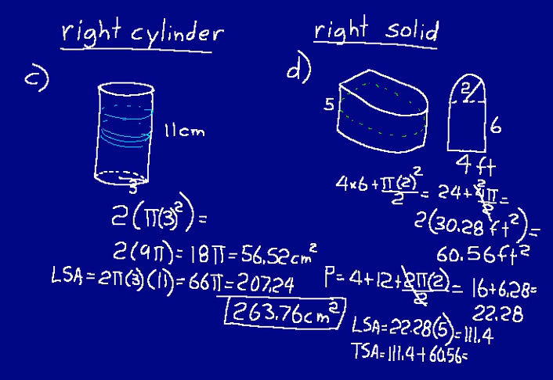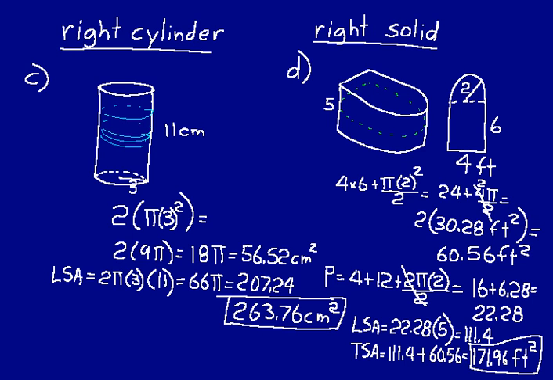And so we can calculate that real quick. 111.4 plus 60.56. That's equal to 171.96 feet squared. That's our total surface area.